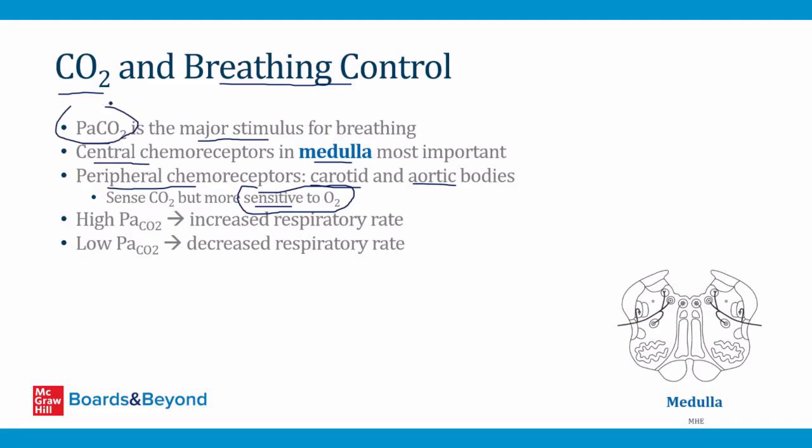But the bottom line is through these chemoreceptors, if the PaCO2 level becomes high, the brain will trigger us to increase our respiratory rate. And if the PaCO2 level becomes low, the brain will tell us to decrease our respiratory rate. That's because these changes in respiratory rate modify the amount of carbon dioxide being excreted by the lungs.